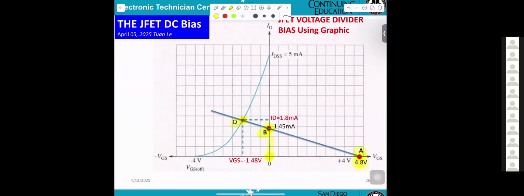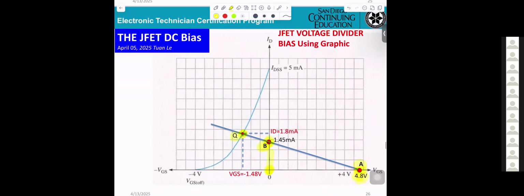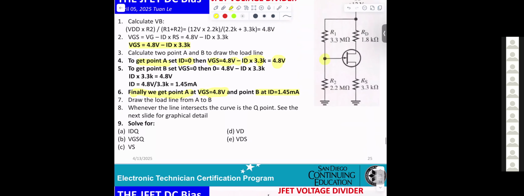You need VGS equal 0. So that's why you can get ID. They're showing you right here.